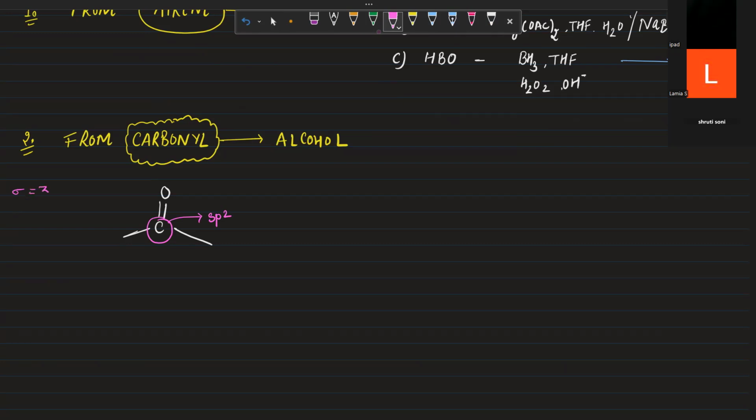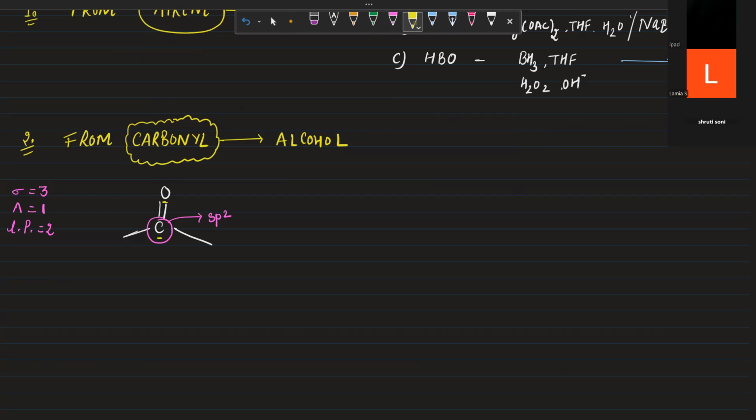And pi bonds? One. Great. And how many lone pairs around oxygen? Two. Good. And which element, carbon or oxygen, is more electronegative? I think oxygen. Absolutely, oxygen is more electronegative.